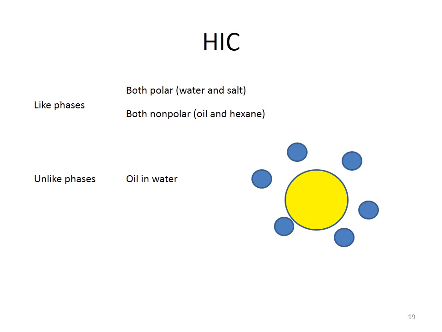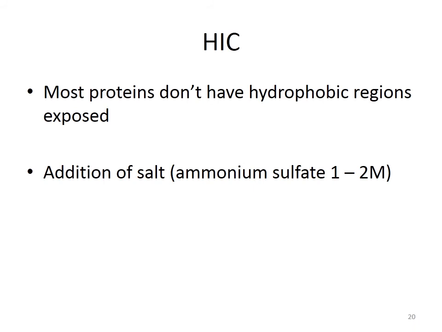So proteins have a distribution of both polar and non-polar groups on them. Now proteins are present in an aqueous solution. So in most proteins, their hydrophobic regions are not exposed because of the same phenomenon. The hydrophobic regions of a protein are generally buried in the core of the protein where they do not come in contact with water.